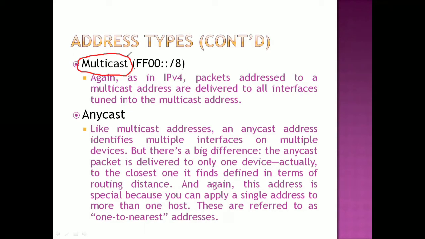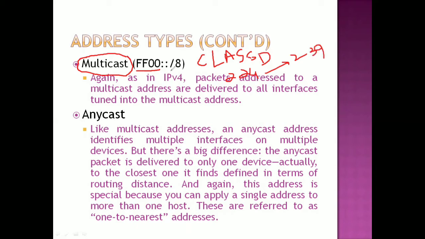That particular set of neighboring routers is called the multicast group. The multicast addresses start from the range FF00. In IPv4 addressing, class D is used for multicasting, and the class D range is from 224 till 239. But here the multicast addresses start with FF00 in the first block.